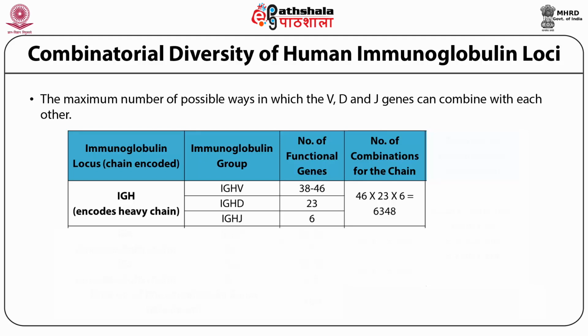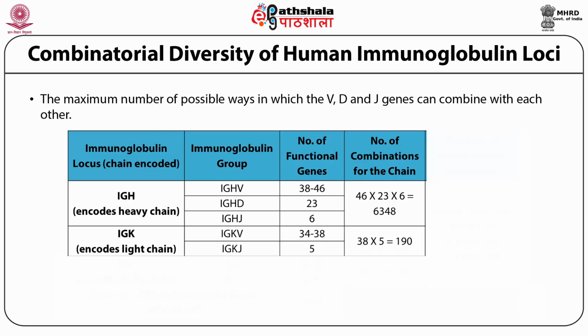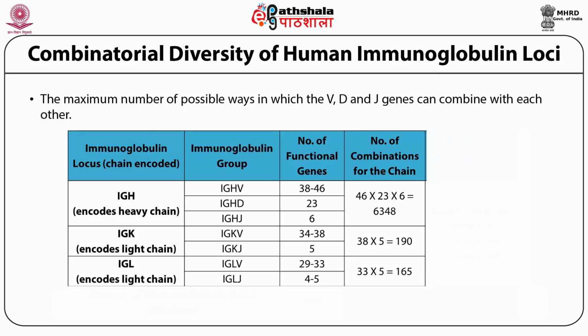6,348. Similarly, the antigen binding site of light chains is composed of only V and J genes. Therefore, to calculate the maximum number of antigen specificities for the IgK locus, we multiply 38 by 5 and that gives us 190. In the same way, for IgL locus, we multiply 33 by 5 and that gives us 165.